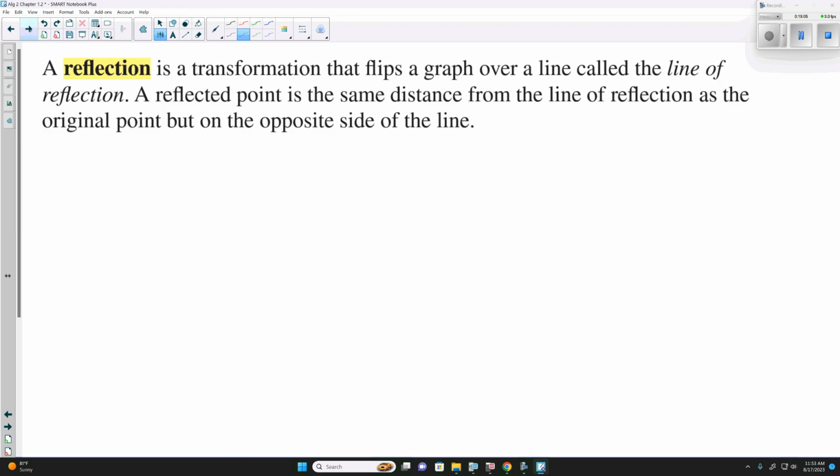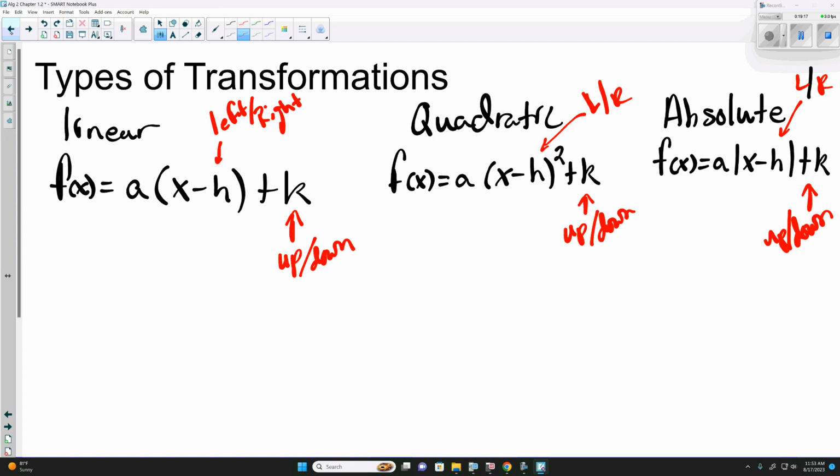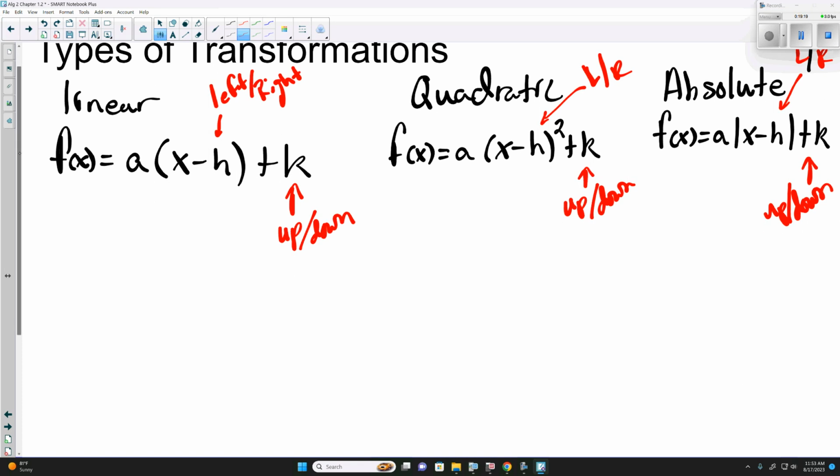The next one we're looking at is a reflection. A reflection flips a graph over a line of reflection. A reflected point will be the same distance from that line on the opposite side. Now for this here, I'm going to put it down below.